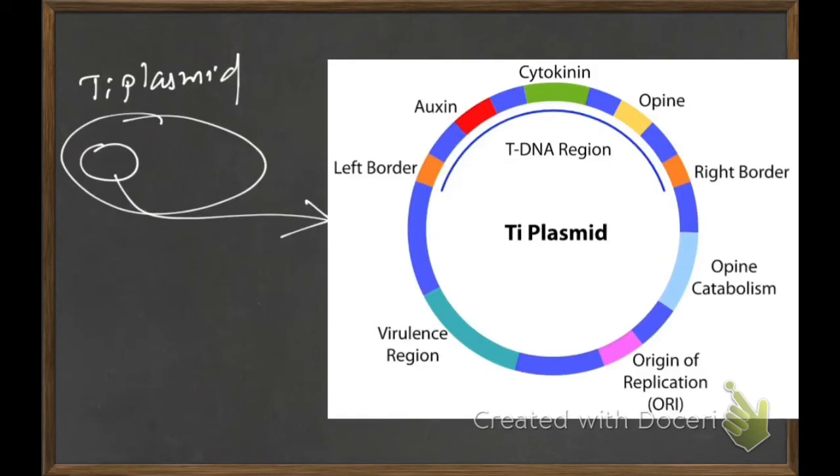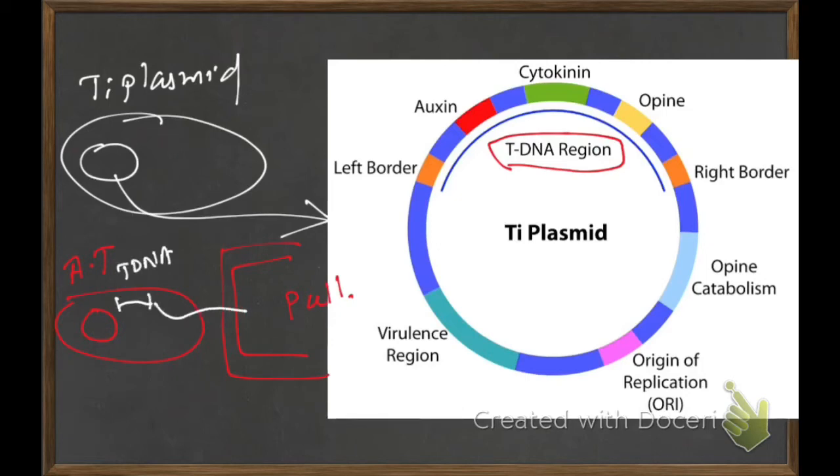Now we will see the structure of Ti plasmid. This Ti plasmid has a region known as T-DNA. Actually, at the time of infection, suppose this is the plant cell and this is our Agrobacterium tumefaciens. At the time of infection, this Agrobacterium creates a copy of its T-DNA, and that is actually sent to the plant cell.